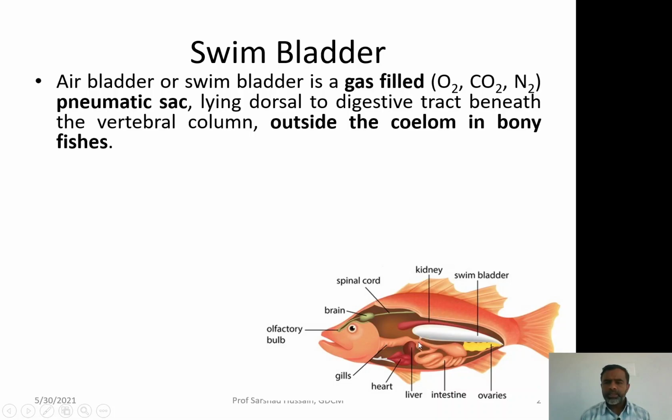It remains connected with the digestive tract with the help of a duct, the pneumatic duct, and it lies below the vertebral column. You can see this is the notochord and the neurochord, and it is below them. This gas filled air sac lies outside the coelom, that is the body cavity.